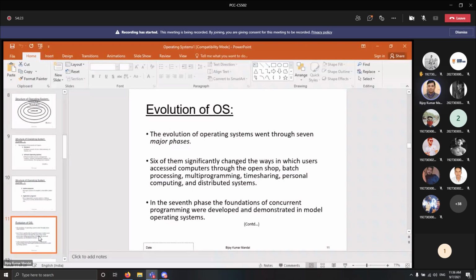So please go through the technical magazine. You will get the maximum information from there. So what was the first Windows name? Can you tell me? Windows XP. Windows XP.